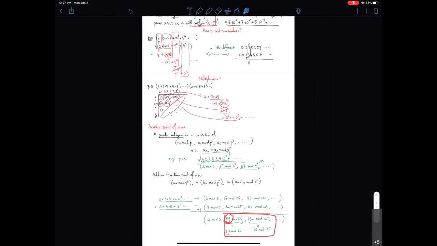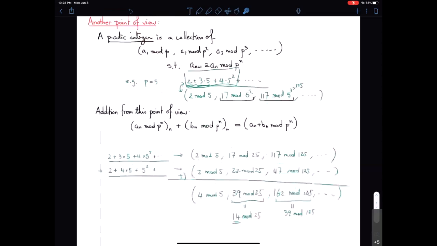I replace 39 by this 14, and then 162 by this 39. So the two computations are essentially the same, in the sense that over here I express things as power series in 5, and over here I have to modify these modulo higher powers of p into their primitive forms. So this is where the sweeping is happening.